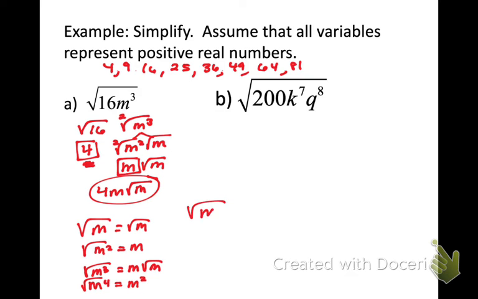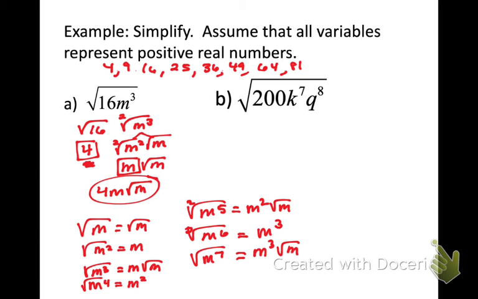The square root of m to the fifth, well, how many times does 2 go into 5? Twice, with 1 left over. You kind of see the pattern? The square root of m to the sixth, how many times does 2 go into 6? 3 times. The square root of m to the seventh, well, how many times does 2 go into 7? 3 times, with 1 left over. So notice how all the odds are just left with the square root of m. It's kind of your thought process that you should be doing.